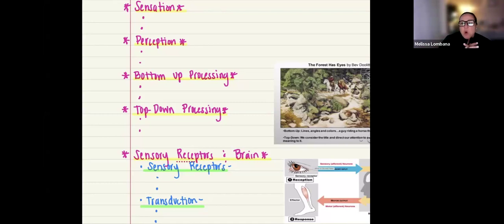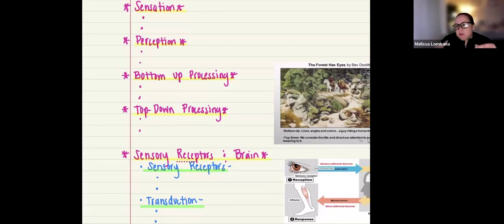Now, as we get older, we don't use so much bottom-up processing, because the more we are exposed to things, the less we look at the exact detail to figure out what it is. As we're learning something new, we do that bottom-up processing.